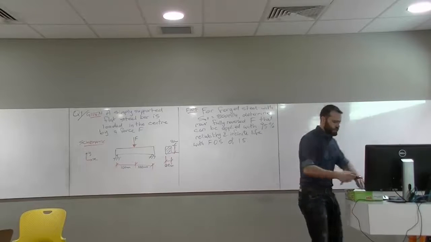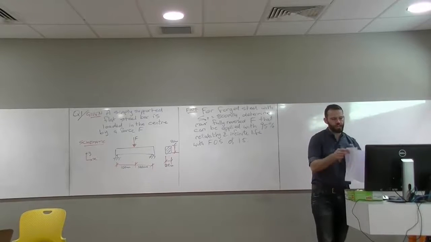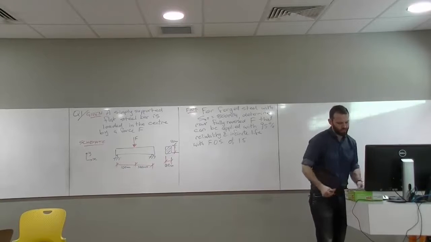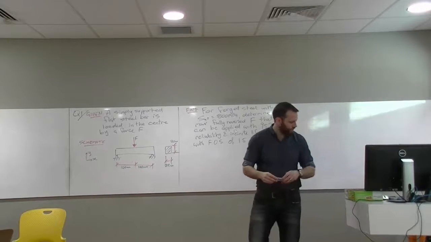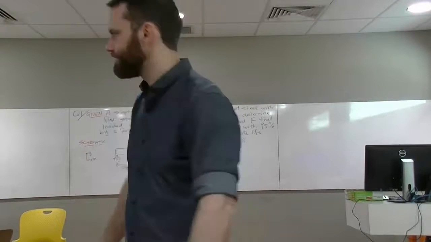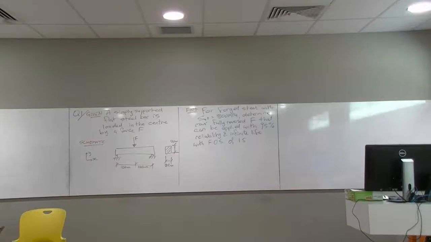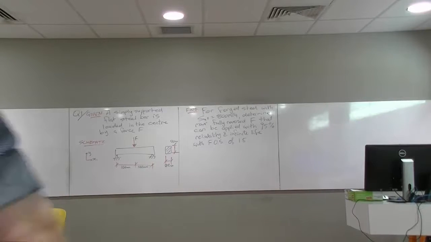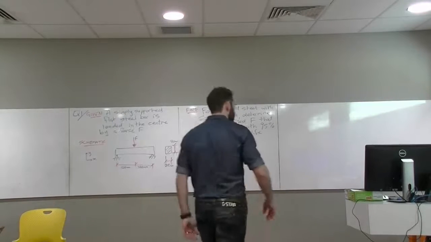What you need to do is write your assumptions out and then start laying things out. So the first thing, follow that flow chart. The first thing you're going to do is all of that free body diagram business. When I actually work through this, I'll show you the way that I want it laid out.